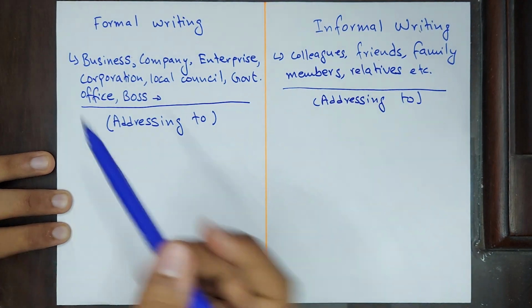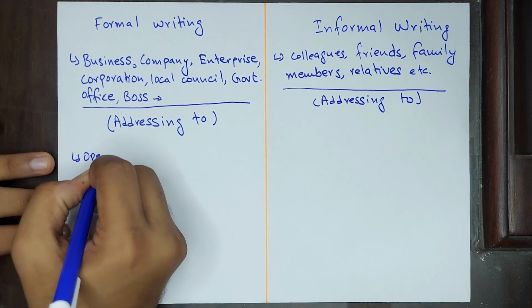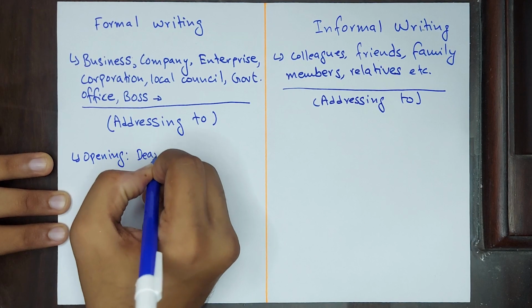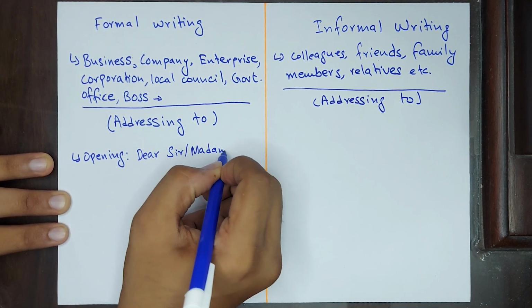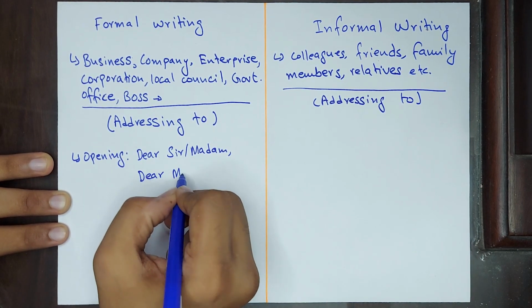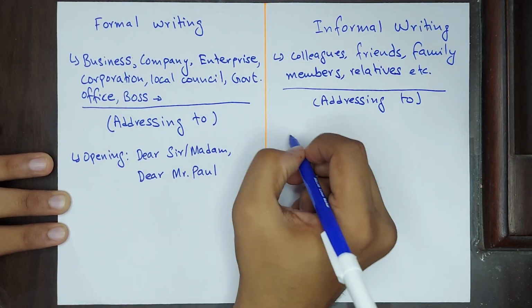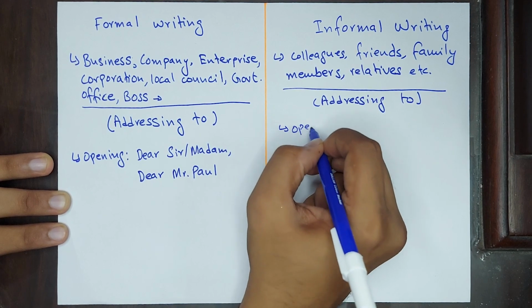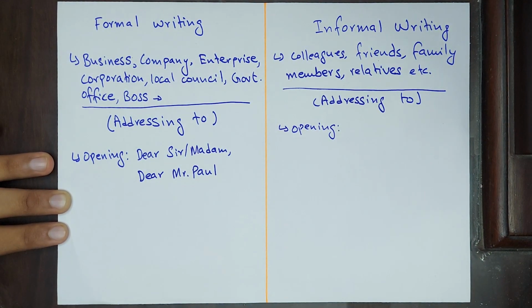So how do you open up the letter? Okay, let's talk about opening. You open up the letter with "Dear Sir, Madam," or you can say "Dear Mr. Paul," or whatever the person's name is. For informal, it's going to be different.